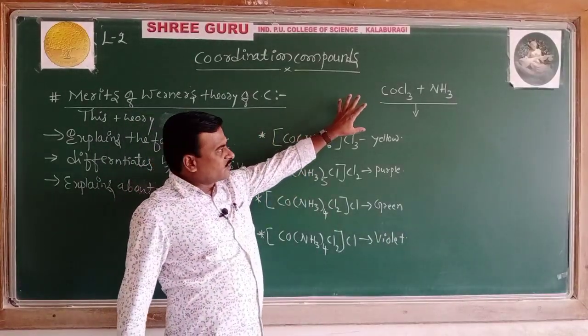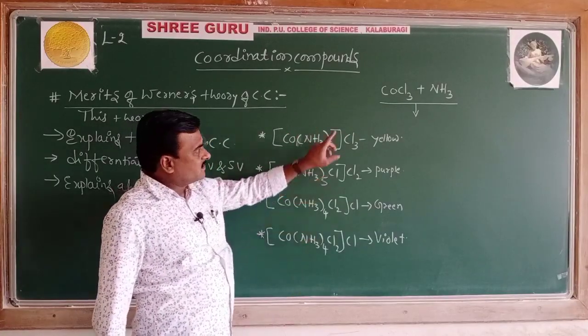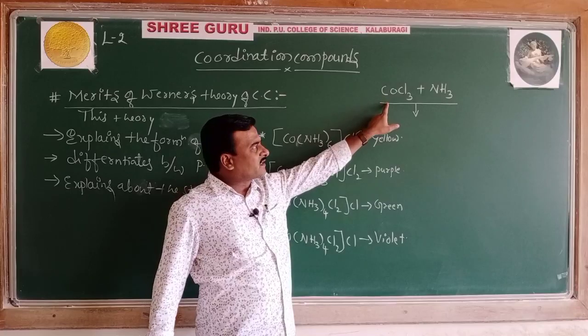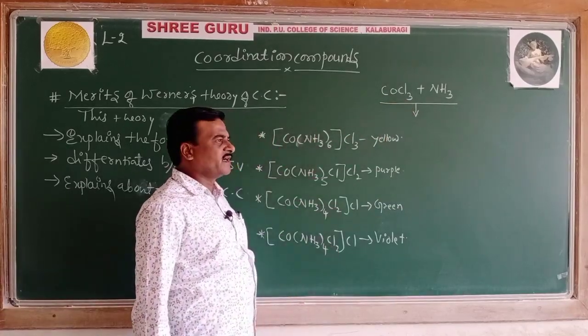Look here, dear students, Werner prepared a series of complexes by the reaction between cobalt 3 chloride and ammonia. So these are the compounds he obtained.